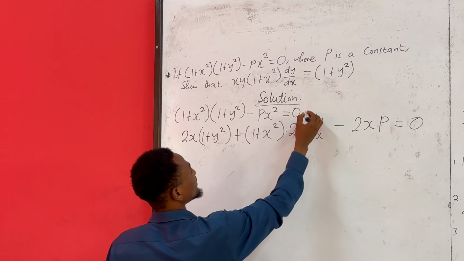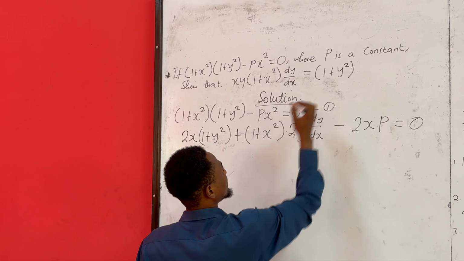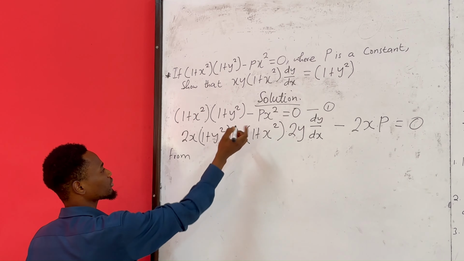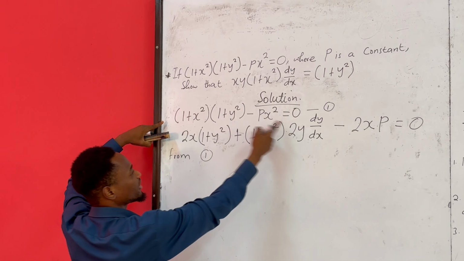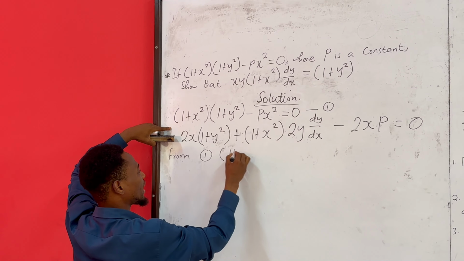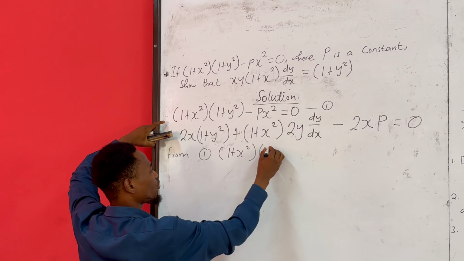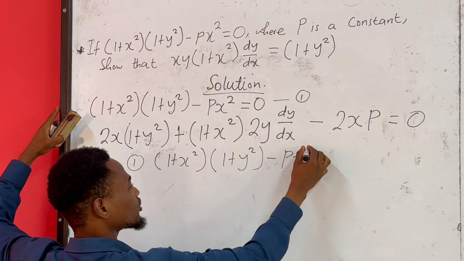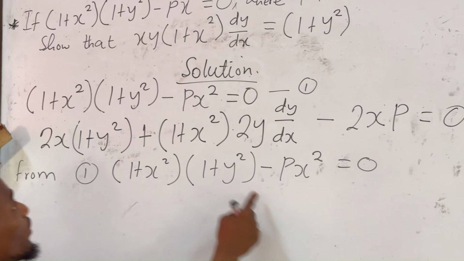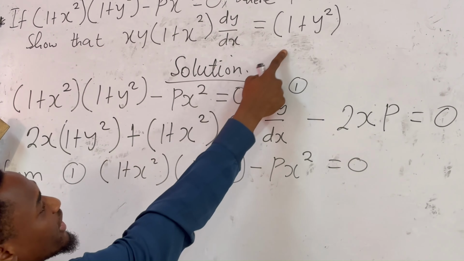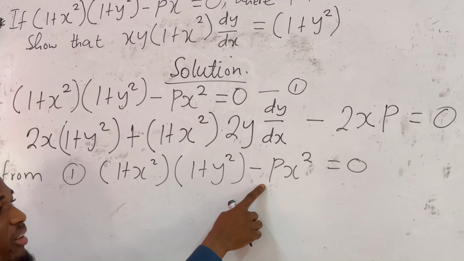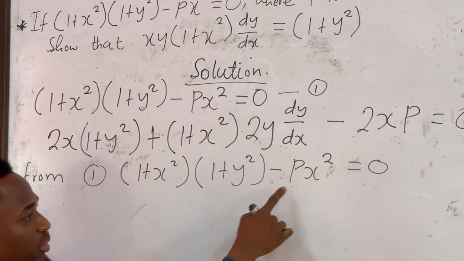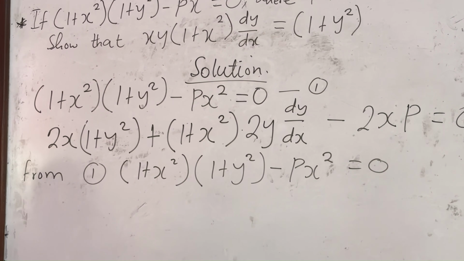Okay, so I can label this as my equation 1. So from equation 1, we have (1 + x²)(1 + y²) − p x² = 0. I don't have any x component in this, so I will make p the subject here. How do I do that? This is very simple.